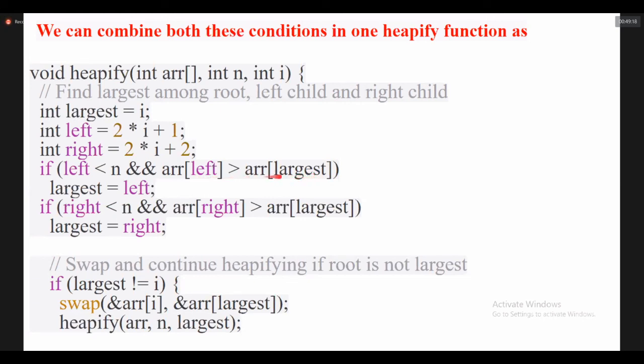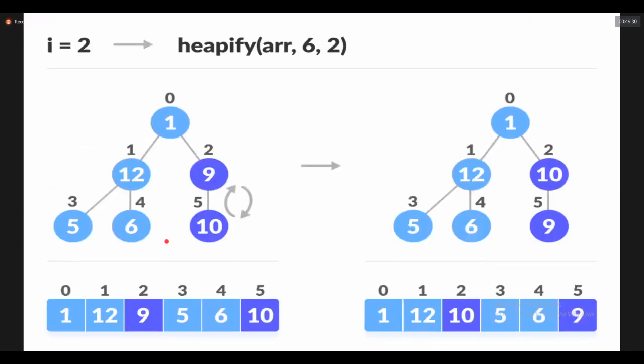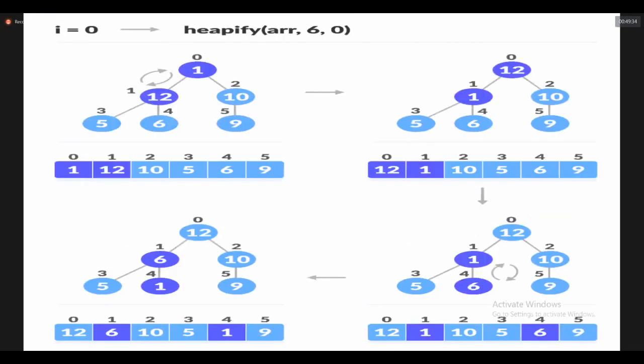So left value is greater than root. Largest is equal to left; similarly, if array of right is greater than largest, largest is equal to right. For example, we are at root. So array of largest is 1, array of left is 12. So it is the largest.